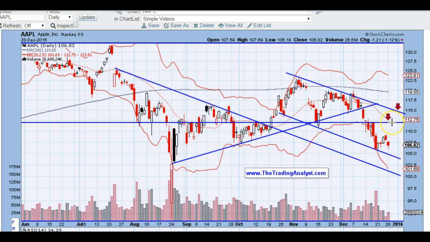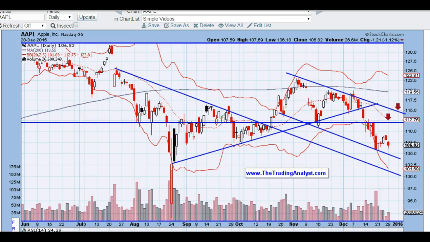And the downward sloping downtrend line and the upper channel line is right at about 114, and I suspect that if and when Apple gets a bounce, the downward sloping channel trend line will be right in line with this 112.50 resistance, and that's going to provide a really nice short area. So those are the things that I'm kind of looking for.